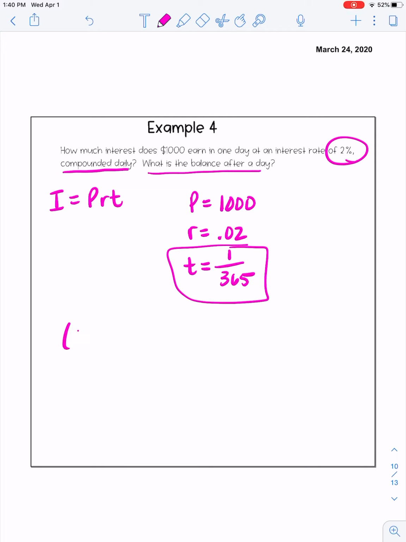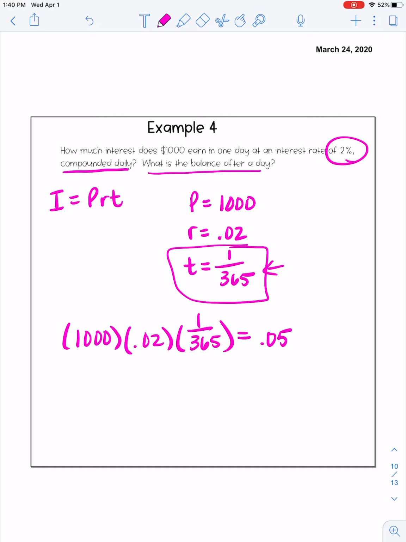So I'm going to do 1,000 times 0.02 times 1/365. If you want to change this to a decimal, you can. So when I multiply all of those together, I get 0.05, which makes sense because interest for just 1 day should be a very small amount as opposed to a whole year, right?